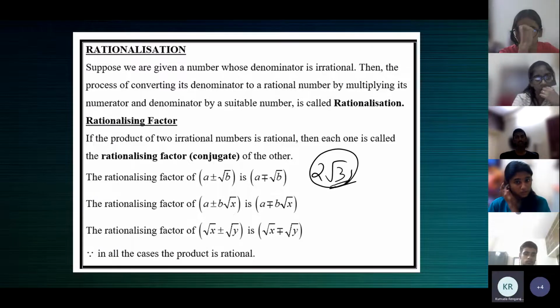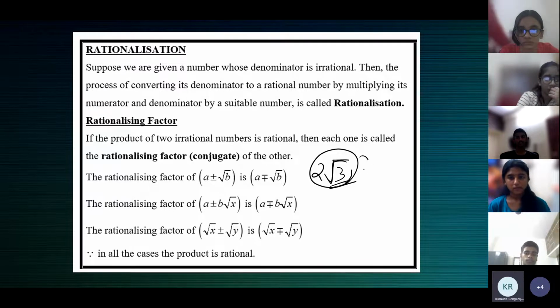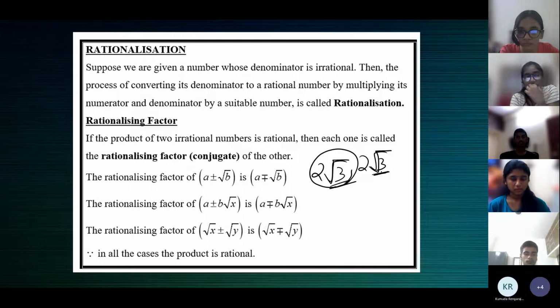But when we talk about the order of a surd and all that, we take only the irrational factor. This irrational factor root 3 makes the whole thing a surd, and the order of the surd is determined by this root 3 alone, not the rational factor. Okay, ma'am.